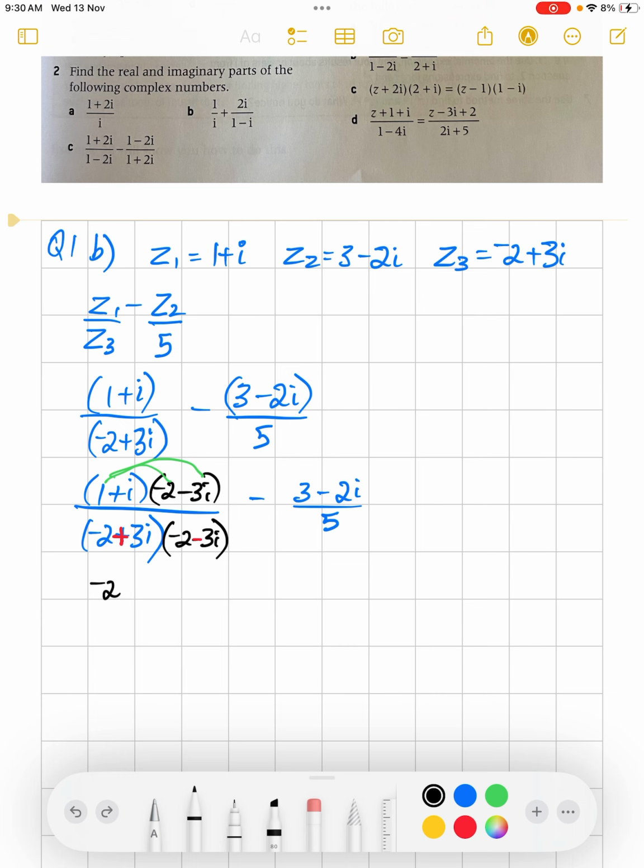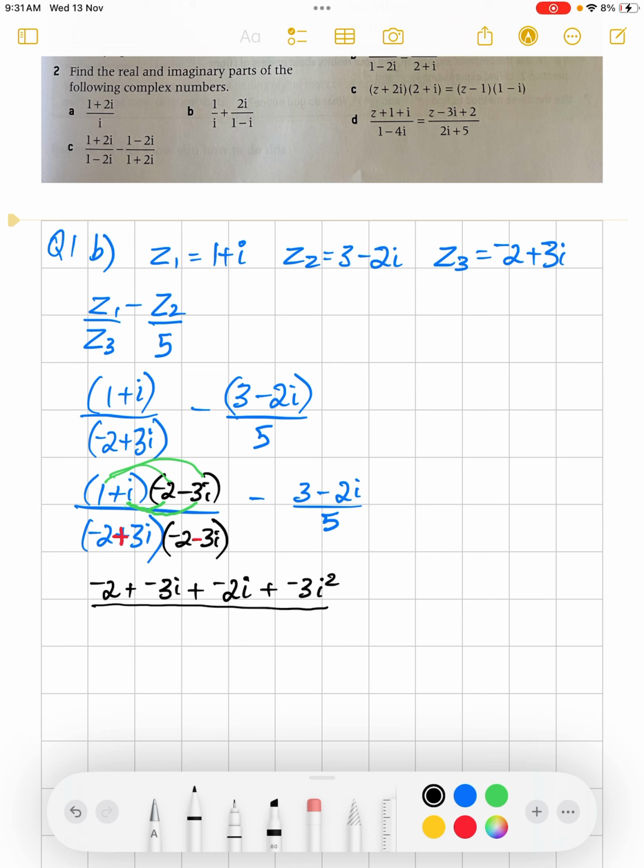We've got 1 times negative 3i, yeah, that's correct, is negative 3i. Now the next one is i times negative 2. So that's negative 2i. And the last one is i times negative 3i. So I'm just going to put negative 3i squared.